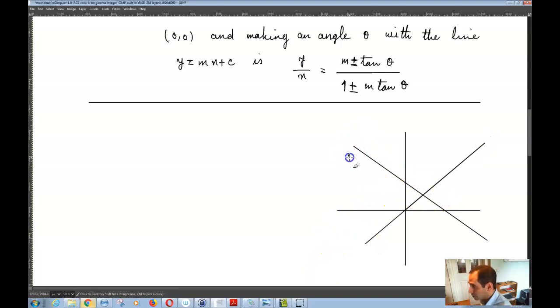So let's say that this is y is equal to mx plus c, and this line goes through the origin.